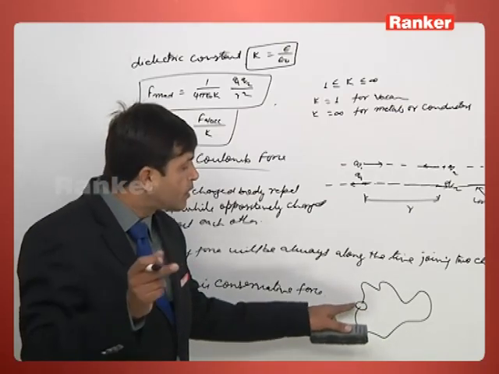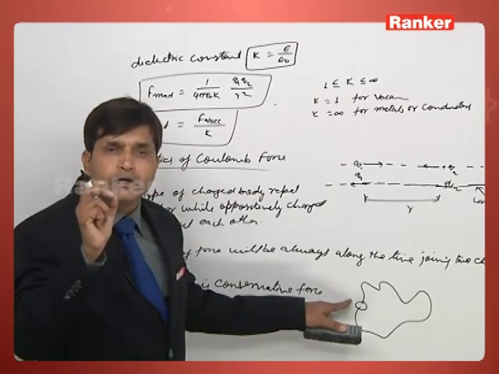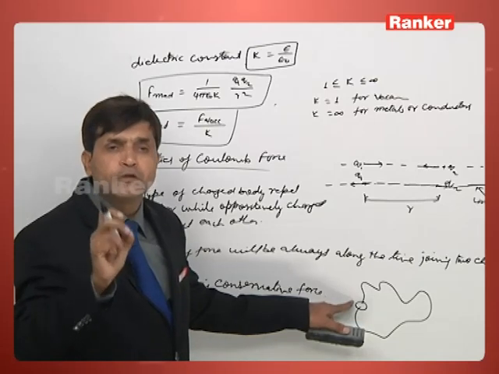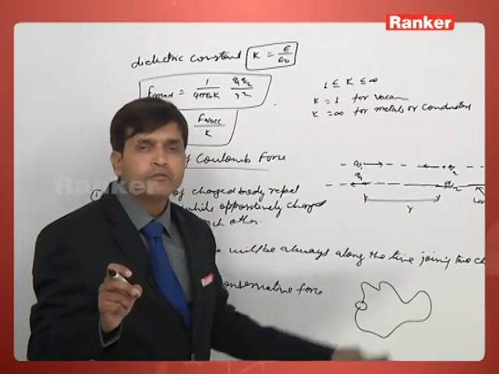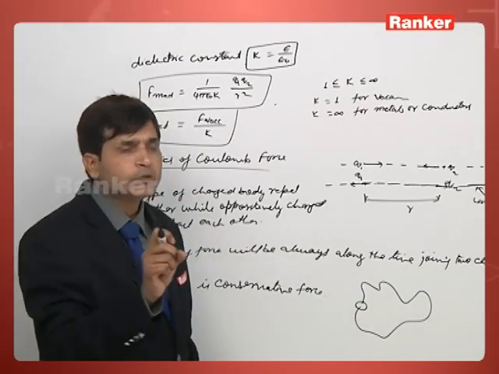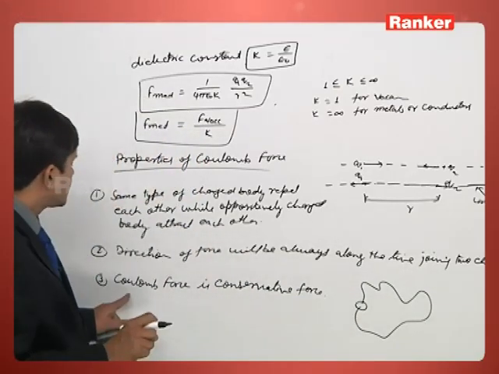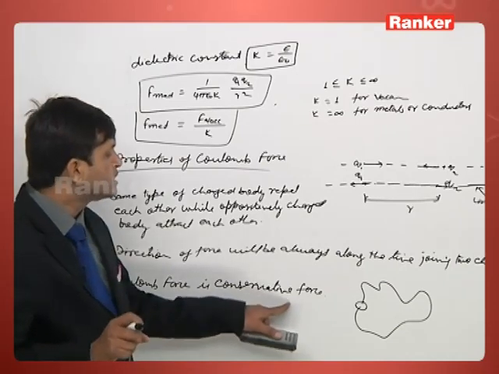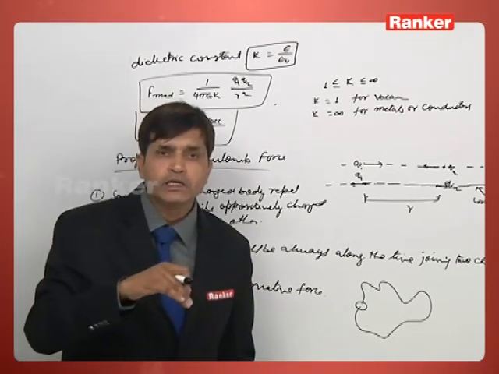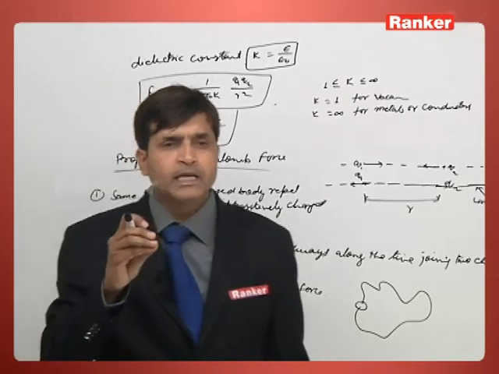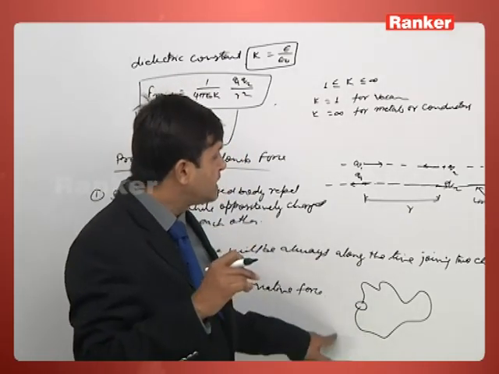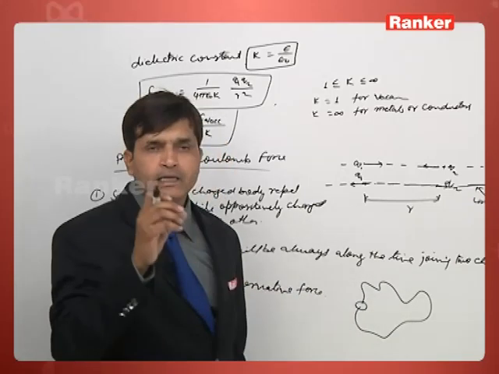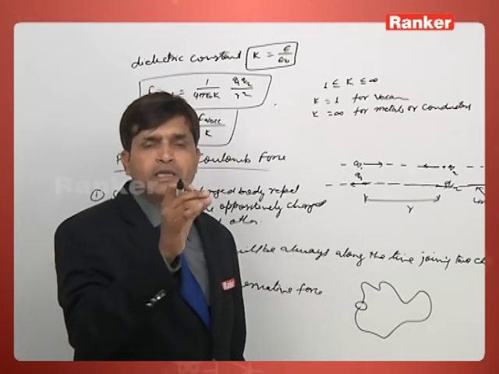So if the body is moving only under conservative force, the work done by that force will always be 0. It means it has been found that if any particle is displaced or moved in a cyclic path under Coulomb force, the work done comes out to be 0.